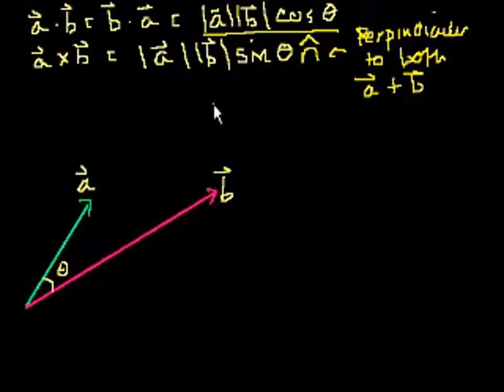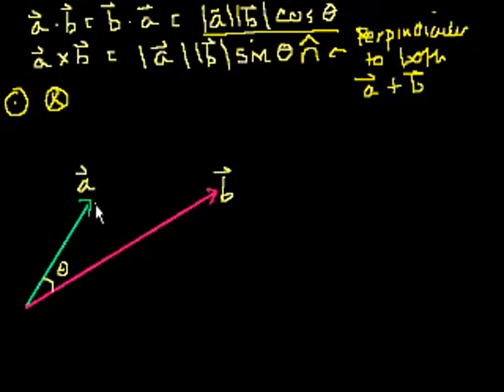So, in order for something to be perpendicular to both of these, it either has to pop out of the screen or pop into the screen, right? And when you learned about the cross product, I said there's two ways to show a vector popping out of the screen, it looks like that because that's the tip of an arrow, and to show a vector going into the screen, it's like that because that is the back of an arrow, the rear end of an arrow. So how do you know which of these two it is? Because both of these vectors are perpendicular to A and B.